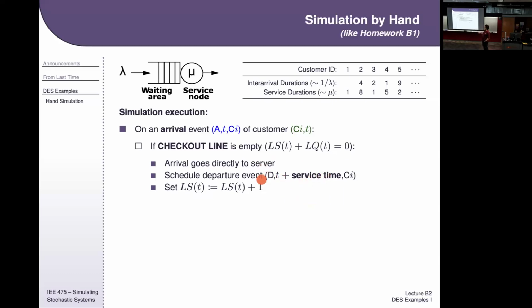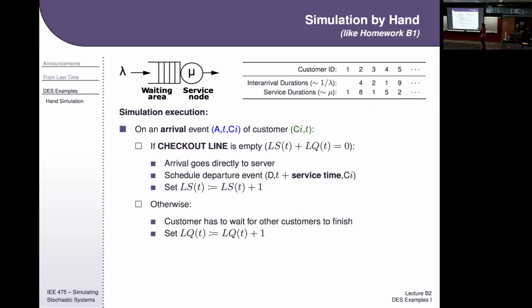We put that sum, current time plus the service time from the table. And then we tag it with the current customer's ID, so we remember that this customer, 6, 5, whatever, is the one departing. The other thing we have to do is, because there wasn't anyone in the server and now there is, we need to add 1 to LS, which basically means take it from 0 idle to 1 busy.